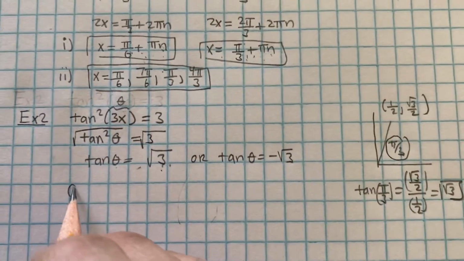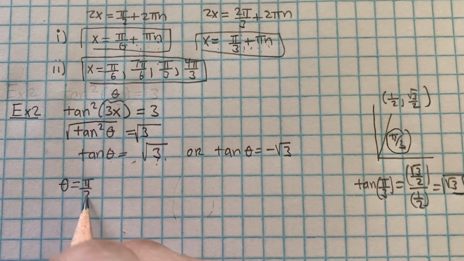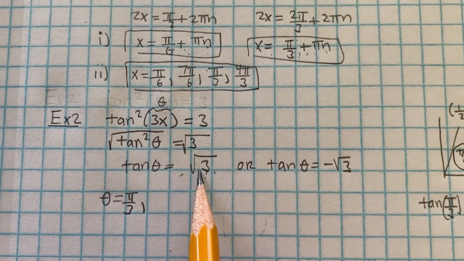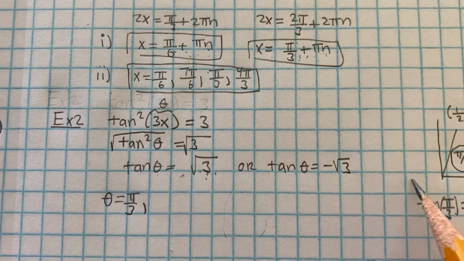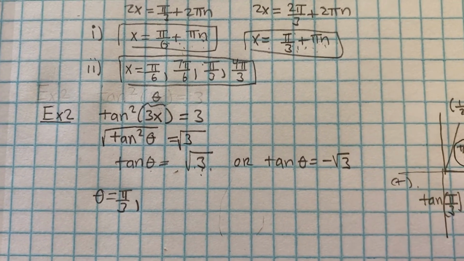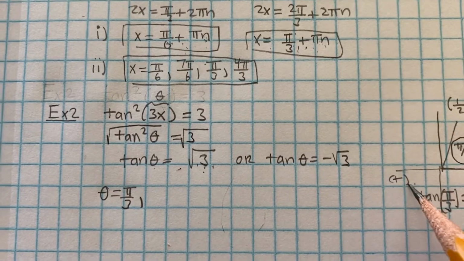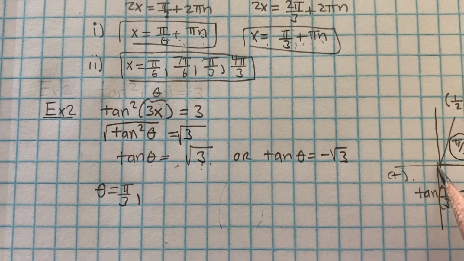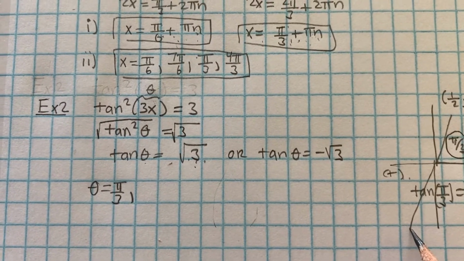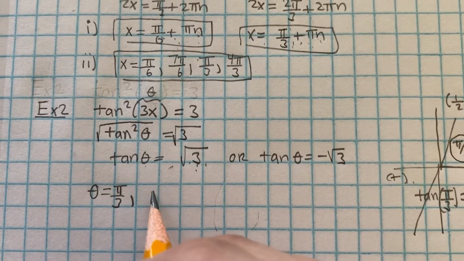So my theta right here is going to be pi over 3, where tangent is positive. Now tangent is also positive in quadrant number 3. 1, 2, 3, tangent is positive. Quadrant 1, quadrant 3. And the radian value in this quadrant would be 4 pi over 3.